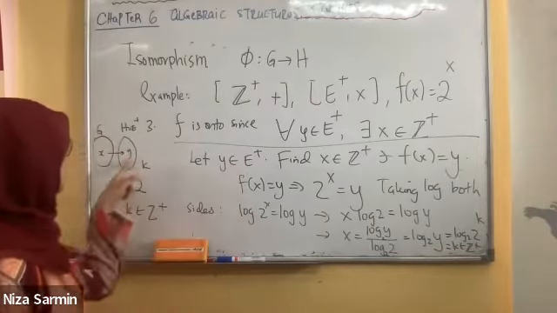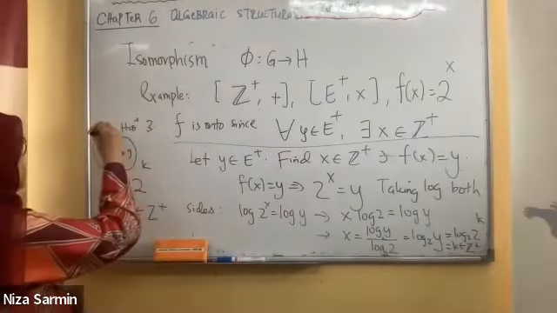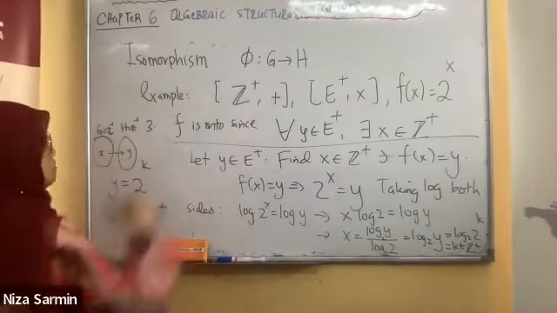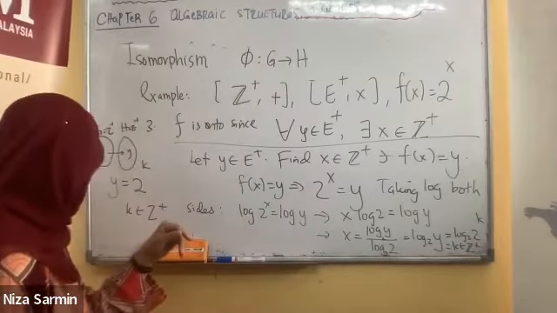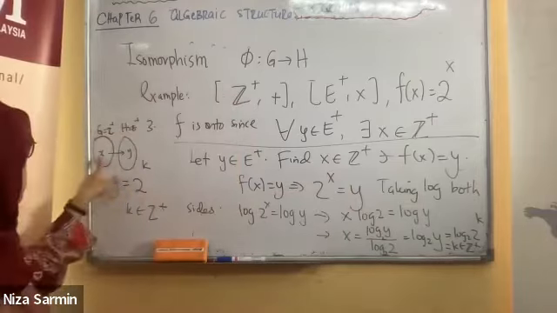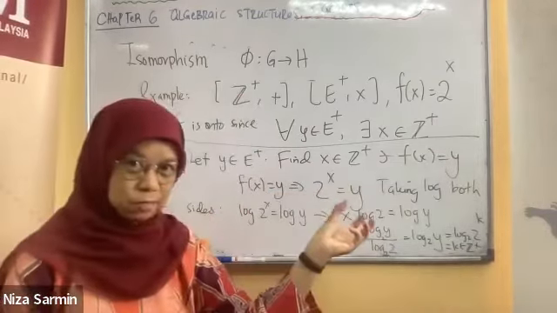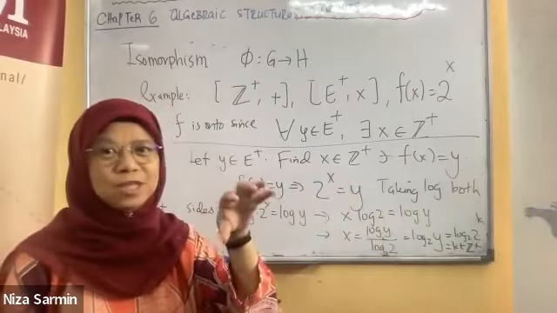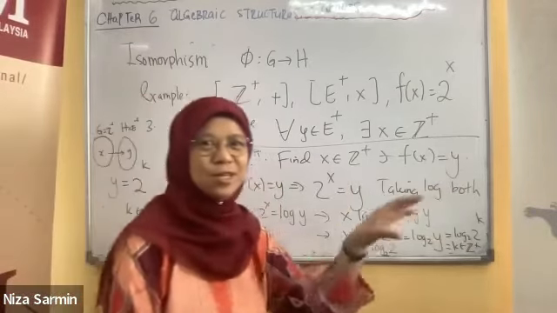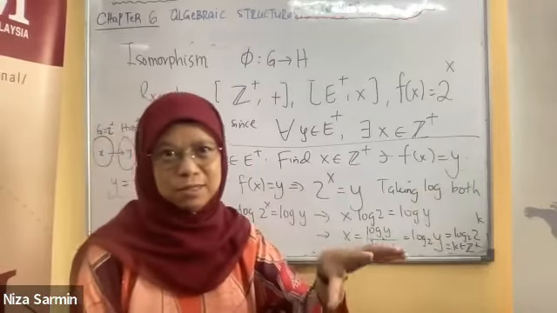Take y in here, right? Find x in Z plus such that f maps x to y. If there is no x, meaning it's not onto, there's something that has no x map to it, or there's something that is not an image, right?